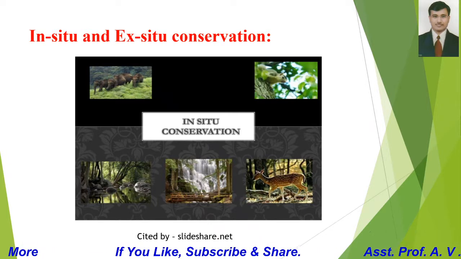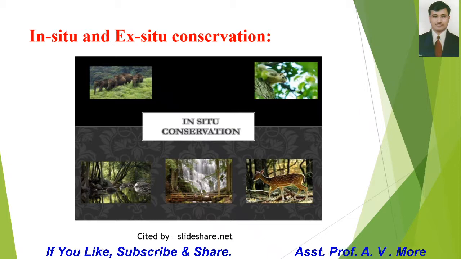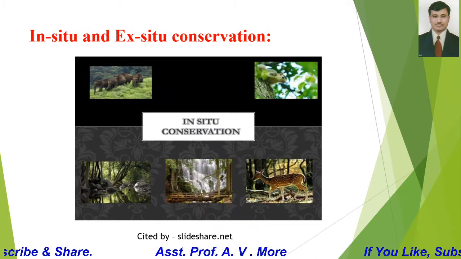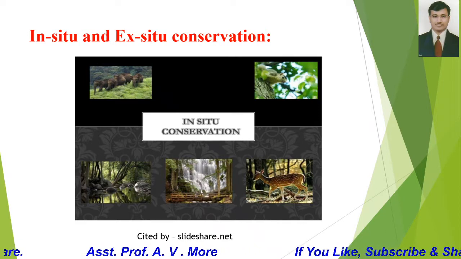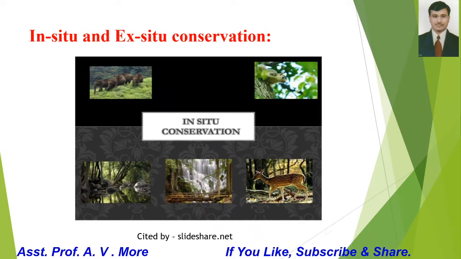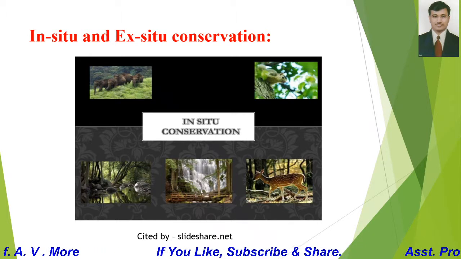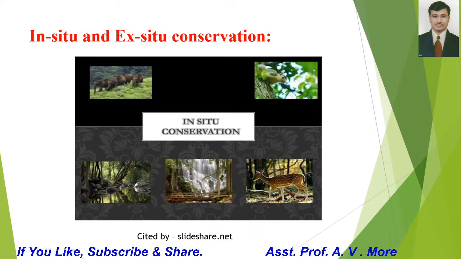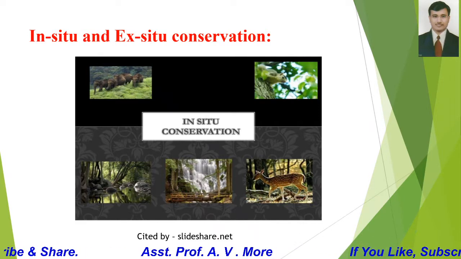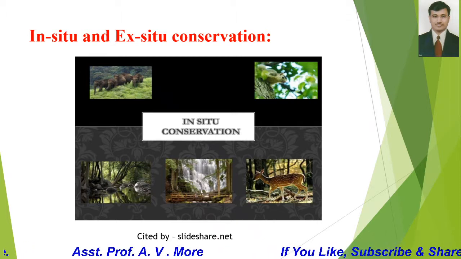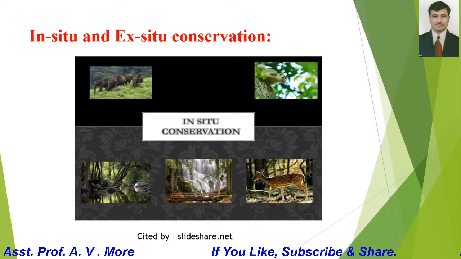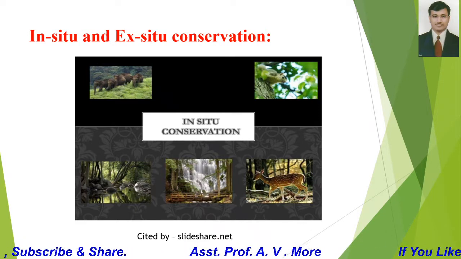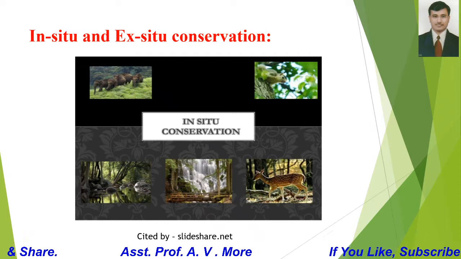So, if a remaining population is too small to persist, or if all the remaining individuals are found outside the protected areas, then in situ conservation may not be effective under such circumstances. It is likely that the only way a species can be prevented from going extinct is to maintain individuals in artificial conditions under human supervision.